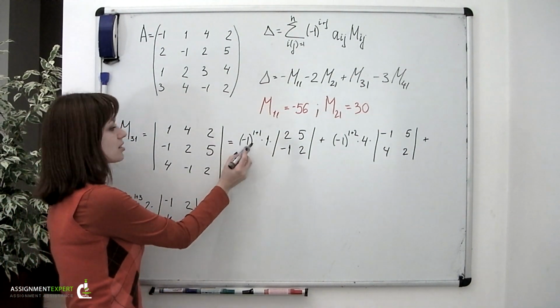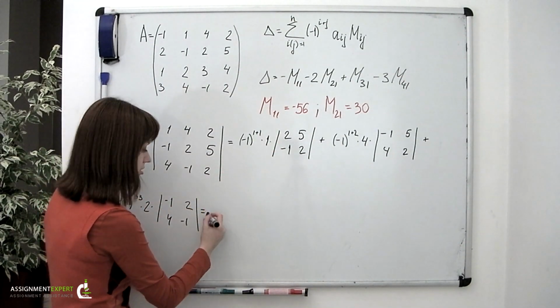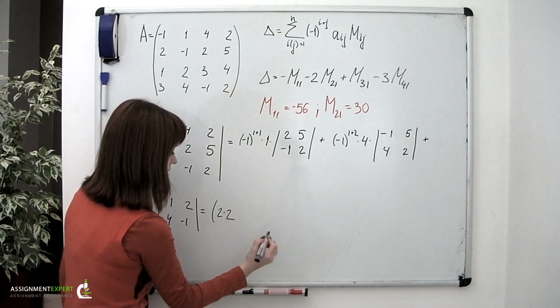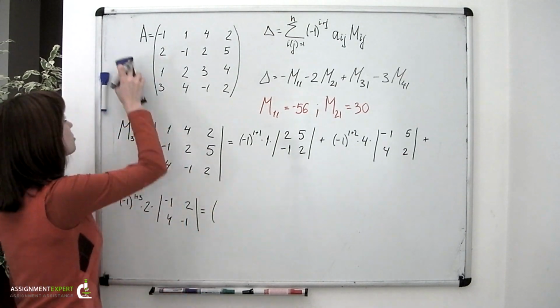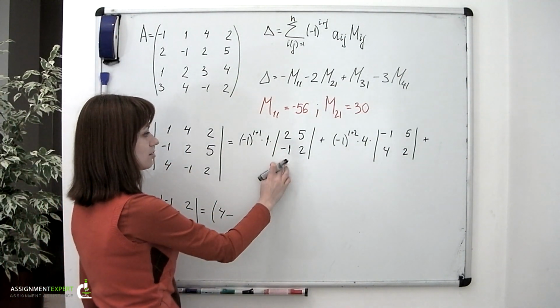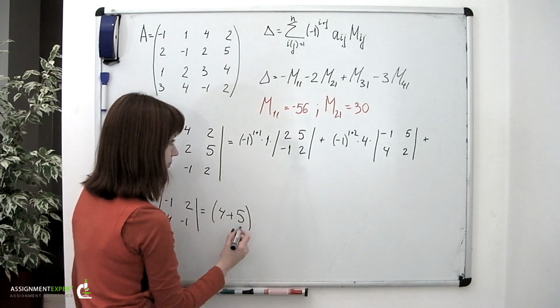Negative 1 to the second is 1 times 1 equals 1, so we have only this determinant, which is 2 times 2. Let me calculate it right away. So we have 2 times 2 is 4, minus negative 5, so we have plus 5 over here.